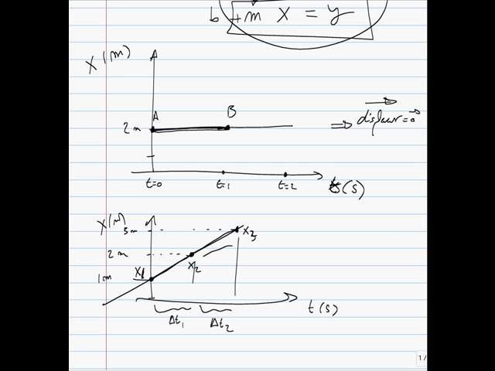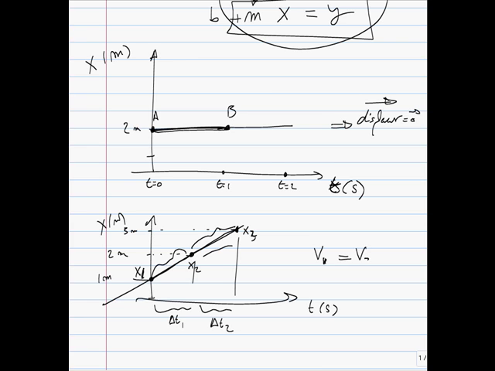So we know that we have a positive slope. We know that the slope of an x versus t diagram represents the velocity. Therefore, from position 1 to position 2, we have a particular speed, which I will call v1. Similarly, from position 2 to position 3, I happened to calculate the slope and realize that the slope of this segment is exactly the same as the slope of this segment.